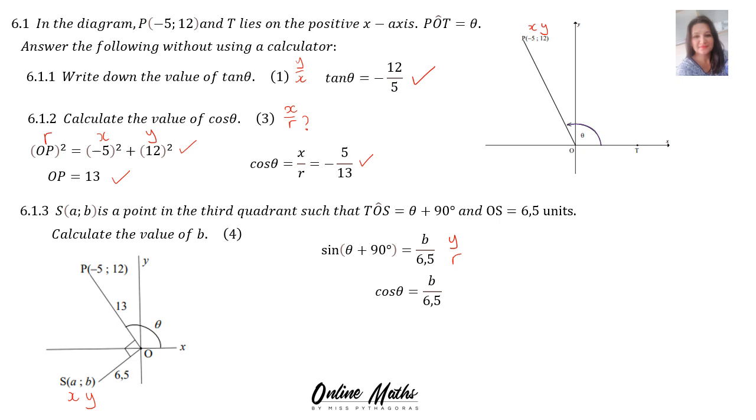And then in the previous sum, we calculated that cos theta was -5 over 13, and then we solve B, that B is -5 over 2. And then where are the marks? You saw sin of theta plus 90, and then the reduction formula sin of theta plus 90 is cos theta, the substitution for cos theta, and then B's answer. 4 marks.